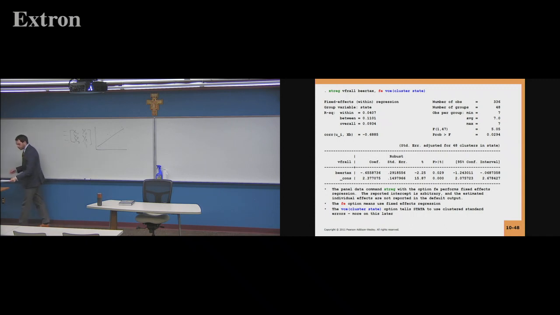In this case, for each unit, each state, you estimate its own intercept with the y-axis, and then you measure the effect for each state. If you tried a typical OLS regression, it may not fit the data properly. So if you had one state like that, another state like that, another state like that, you have a negative relationship within each one.